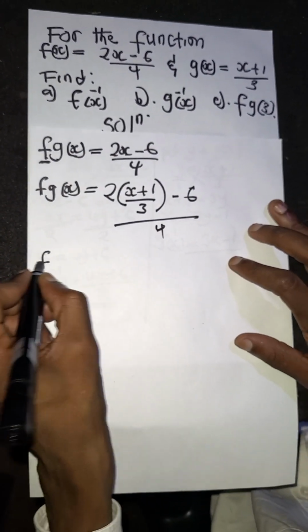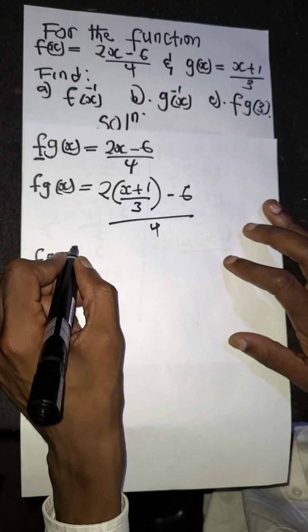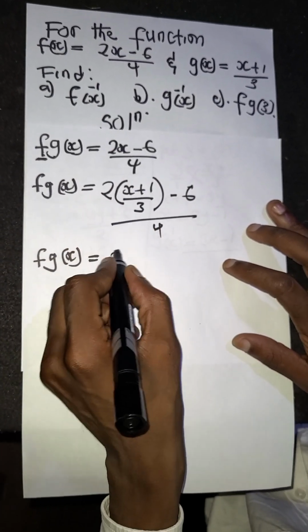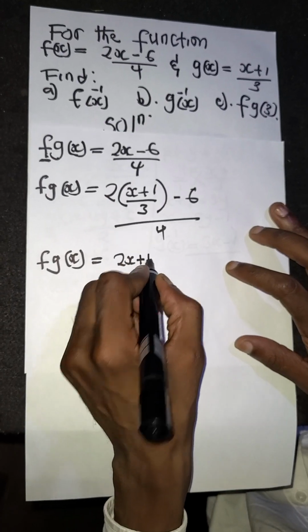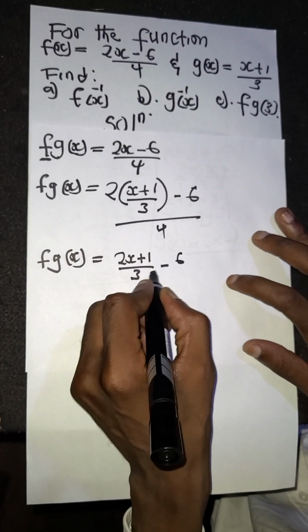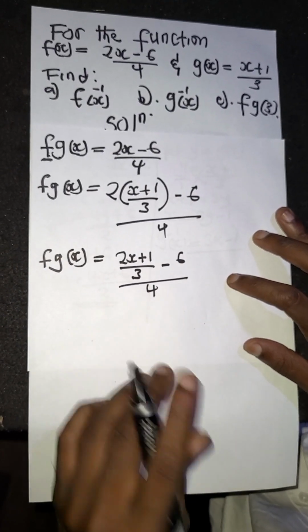Next, we can say fg of x is equal to, we can multiply there, and then we'll get (2 times (x plus 1) over 3) minus 6, all divided by 4.